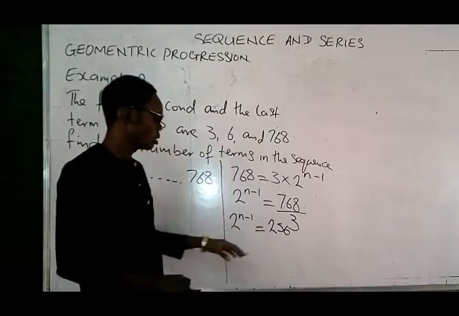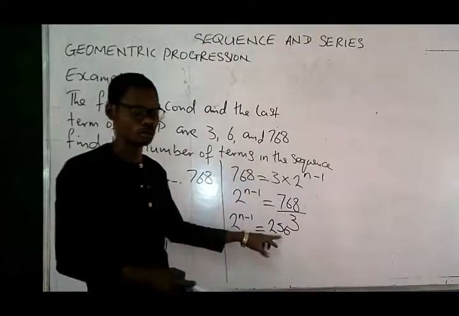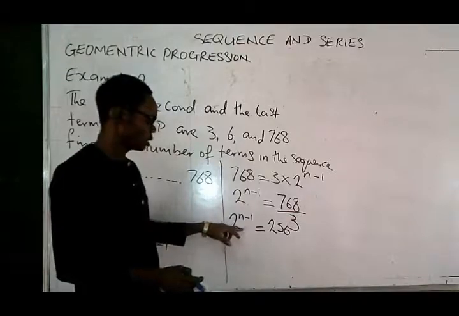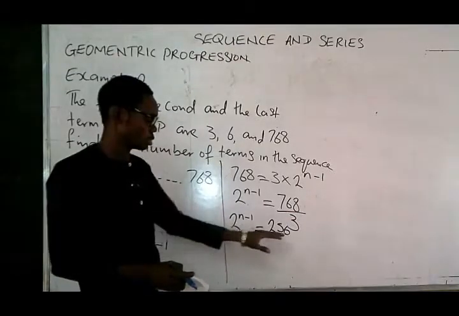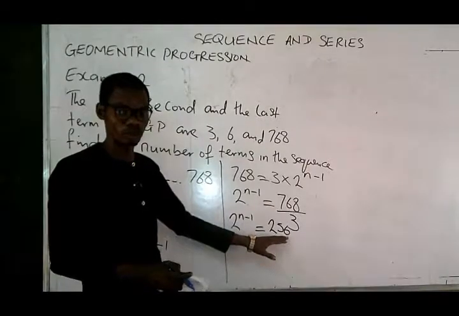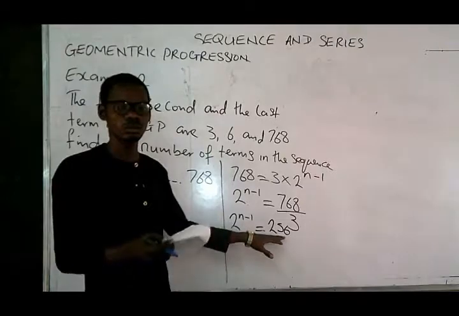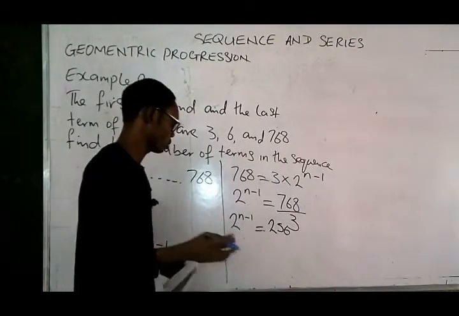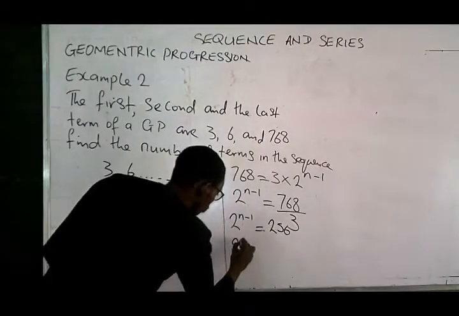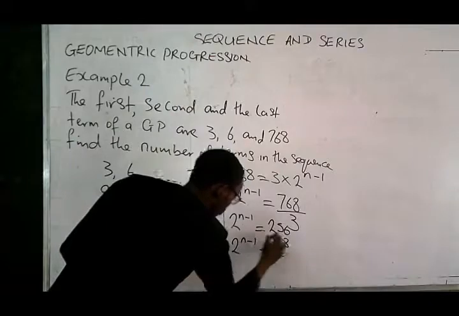So, we have to write this number in index form with a base of 2, being that the left is in index form with a base of 2. 256 is 2 raised to power 8. Therefore, 2 raised to power n minus 1 is equal to 2 raised to power 8.